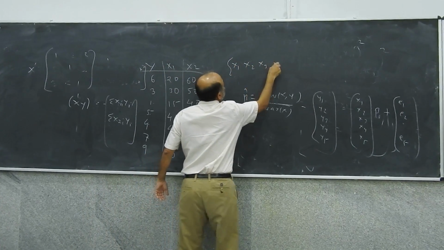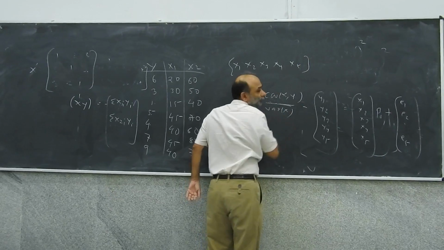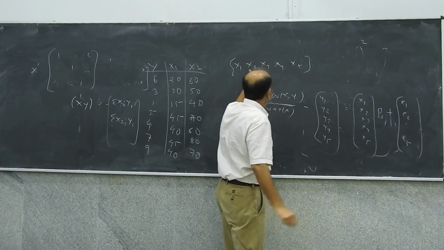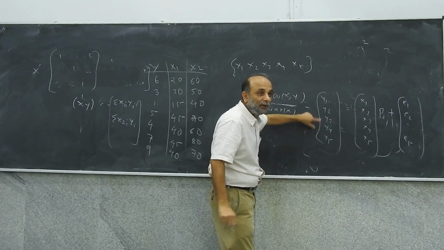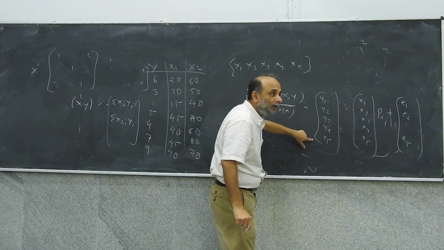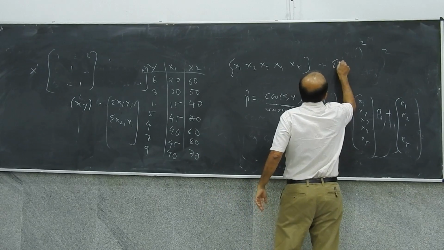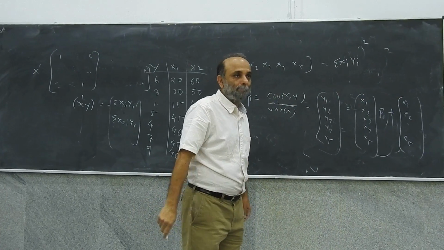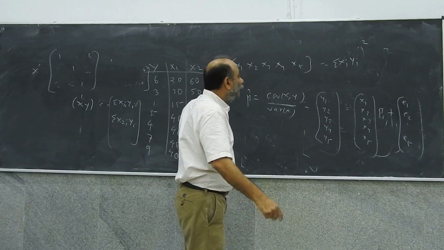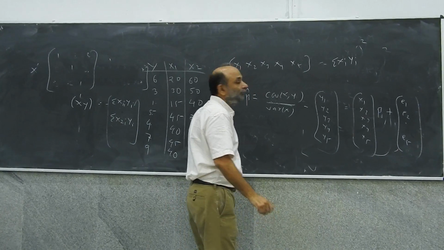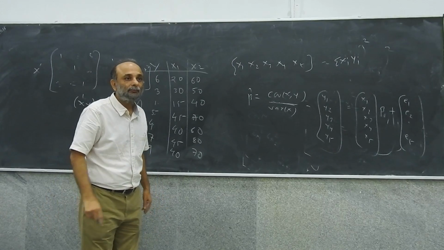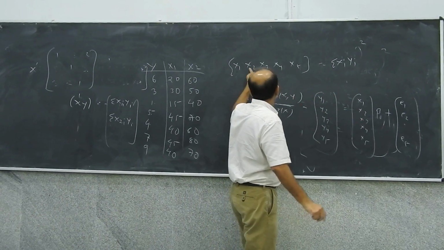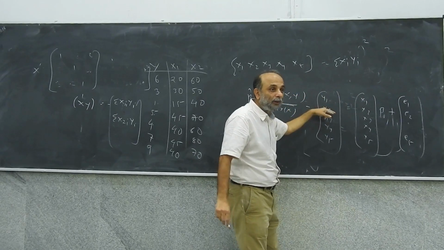x1, x2, x3, x4, x5 into y. So x1 into y1 plus x2 into y2 plus x3 into y3 plus x4 into y4 and so on, which is summation xi yi. Right? Okay. What is x dash x? x dash x will be x1 into x1 plus x2 into x2.